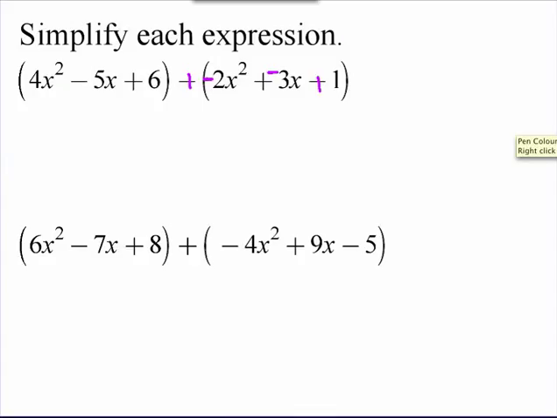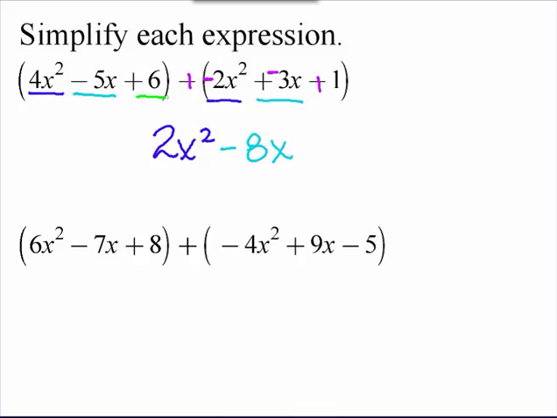I'm going to add 4x squared and negative 2x squared, and I get 2x squared. I'm going to add negative 5x with what? And I'm going to get negative 8x. And then last but not least, I'm going to add 6 and 1, and I'm going to get 7.